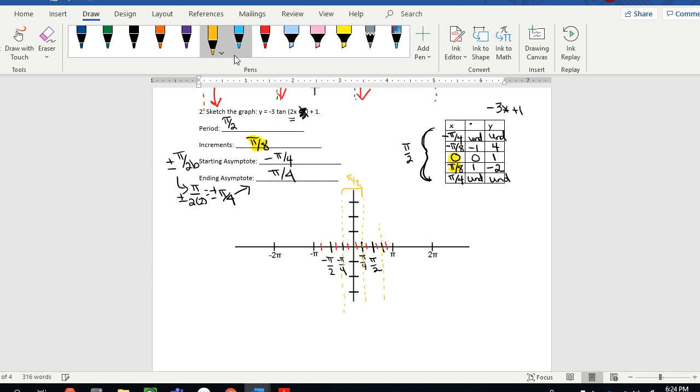Here's my next one. And 1, 2 black marks away. Wait a minute. How did I end up on pi on one of them and not the other one?